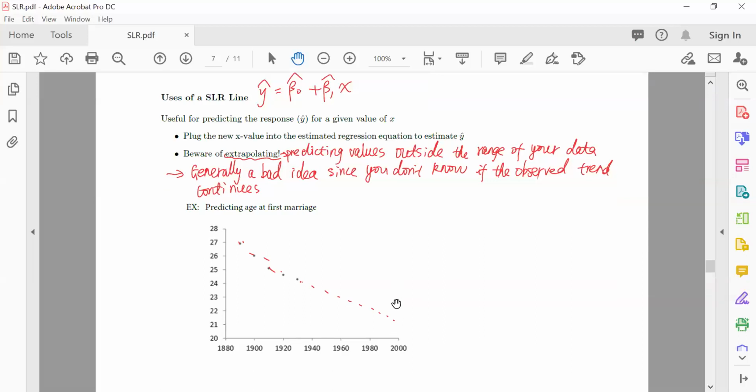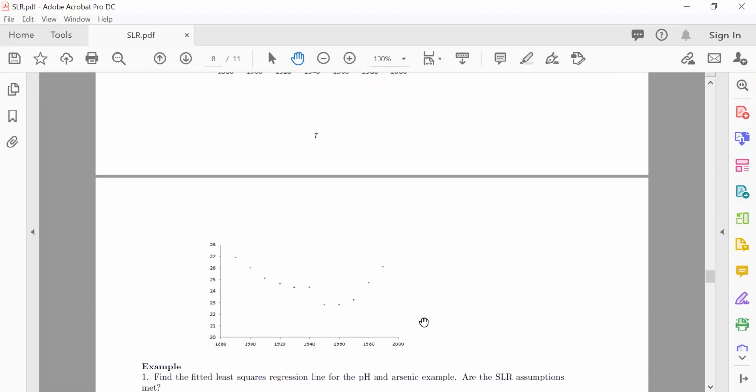To be honest, you may not be surprised to see that the true trend is like this. Around 1950 or 1960, the average age of marriage actually starts to go up.